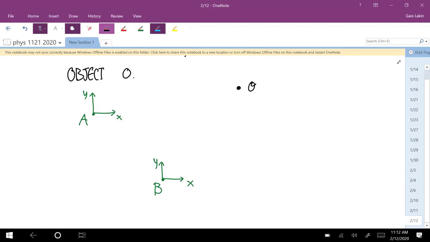Let's think about the position vector as measured by each of these two coordinate systems. The position vector is always a vector from the origin to the object. So the position vector measured by A is this.